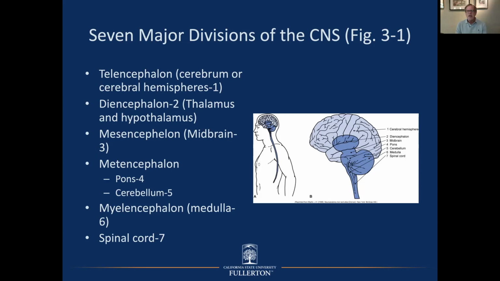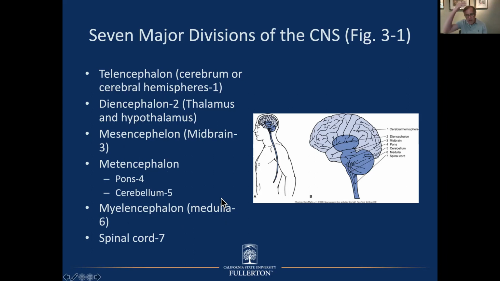Now, where that term telencephalon came from is really from embryology, from the pattern of development of the brain. In that embryological development of the brain, there are 5 parts. Let me just go through them quickly. Telencephalon, diencephalon, mesencephalon, metencephalon, and myelencephalon.